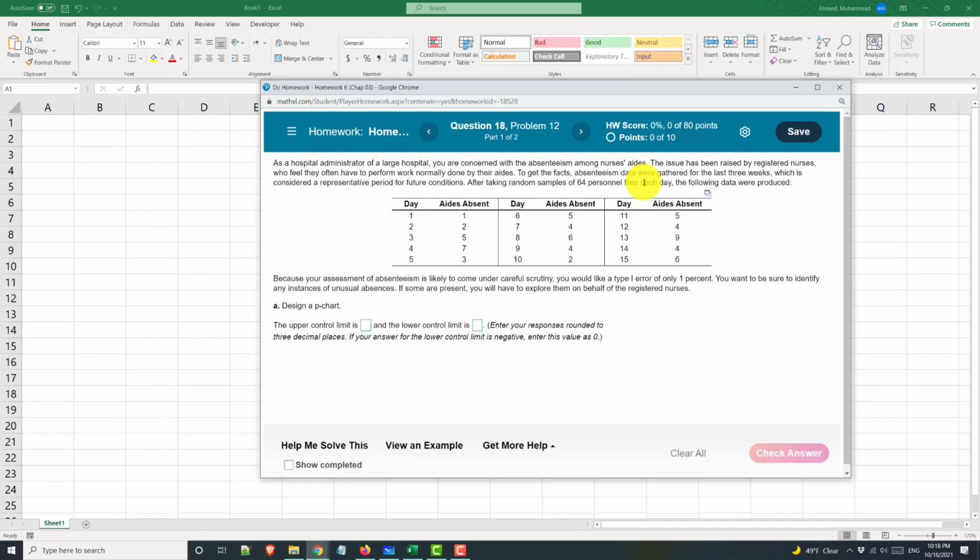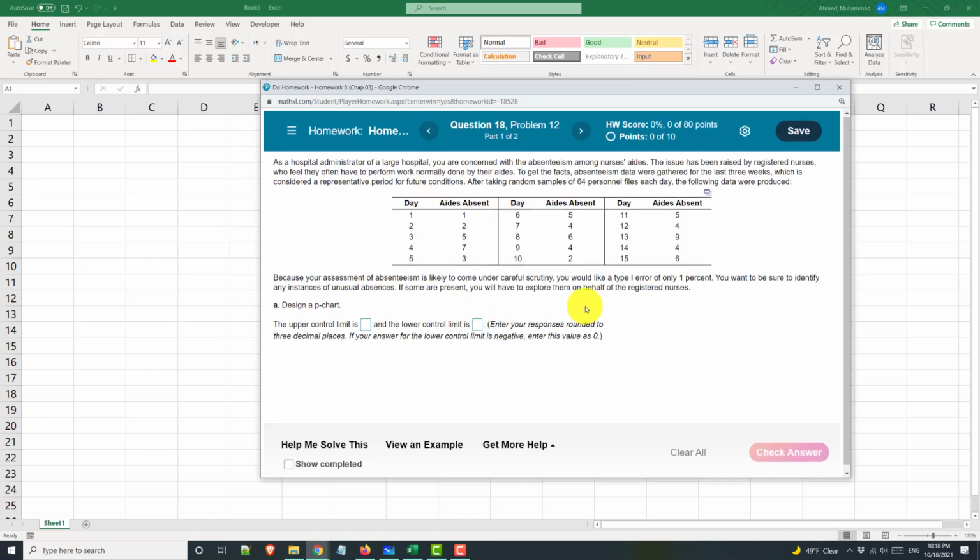So each day is a new sample of 64 employees. Then once the sample is taken, the administrator goes through the sample, and for each employee, it is determined whether the employee is present or absent, right? And then you add up how many people from that sample of 64 were absent.